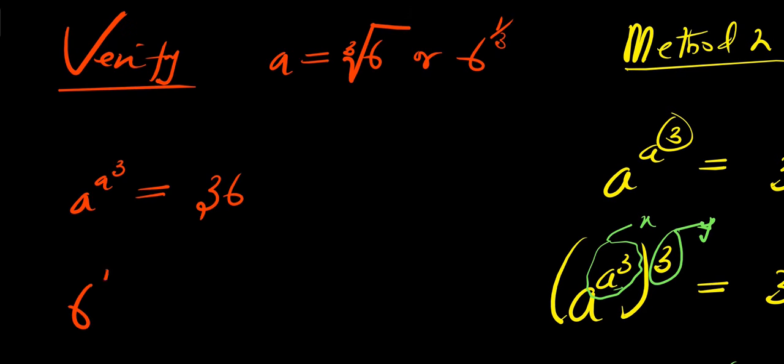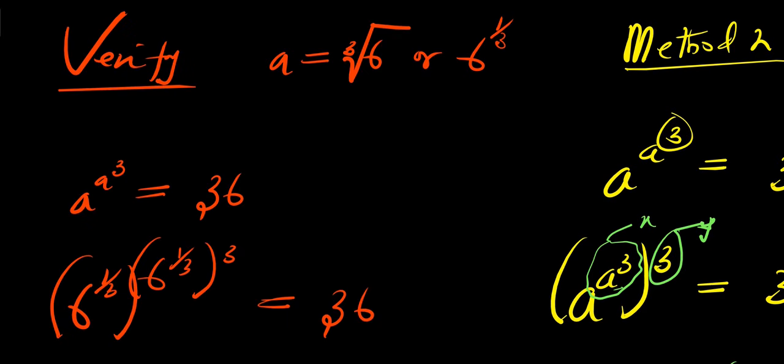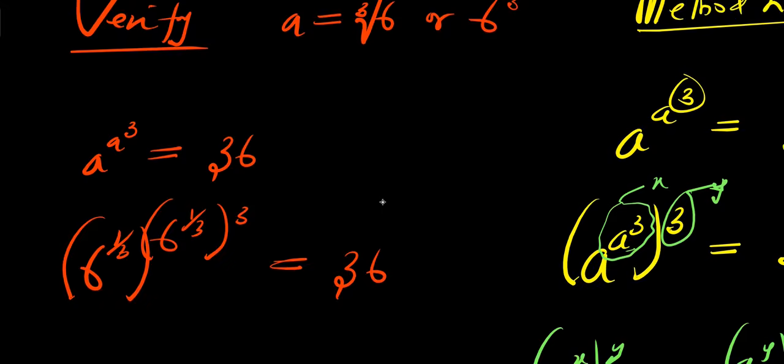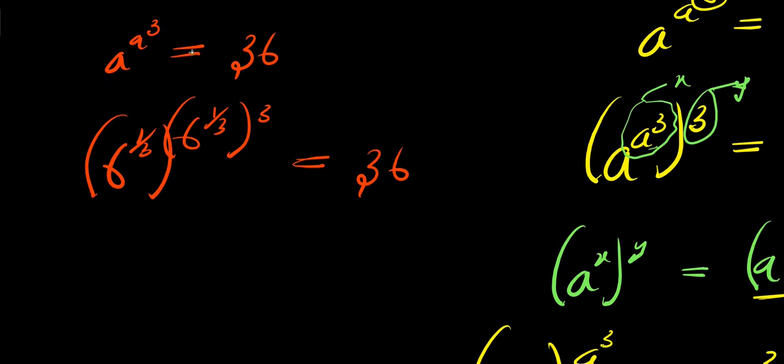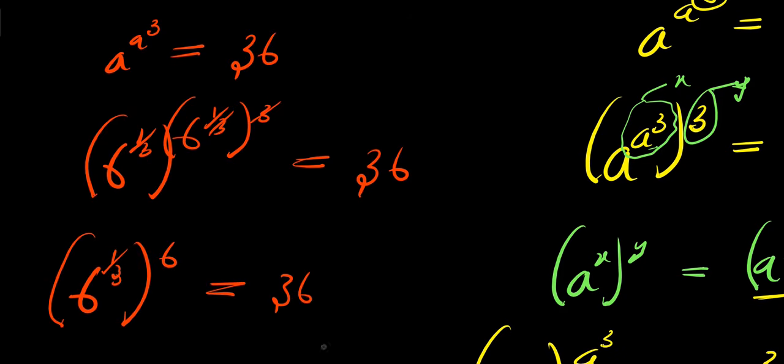We have (6^(1/3)) raised to the power of (6^(1/3)) raised to the power of 3 equals 36. Just eliminate this. So we have 6^(1/3) raised to the power of 6 equals 36.